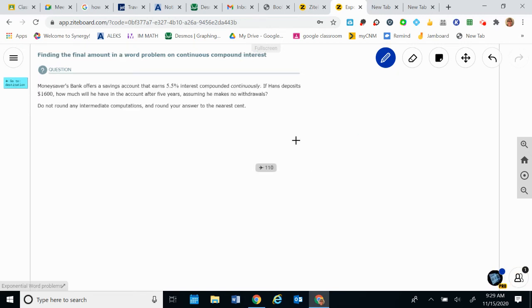Last one, just in case, okay? Oh, wait, this is the final amount. The last problems we're going to be doing are finding the time. It says a bank offers 5.5% interest continuously, and he's going to deposit $1,600 after 5 years.